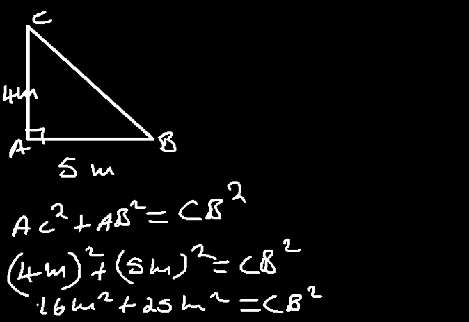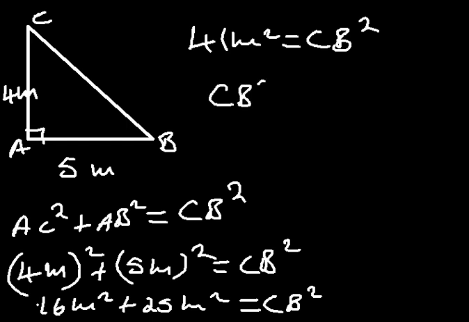Now for this case, we'll have to add those. What is 16 plus 25? 16 plus 25, we'll have it as 41. So we have 41 meters square, which is equal to CB square. So now this is the same as CB square is equal to 41 meters square.